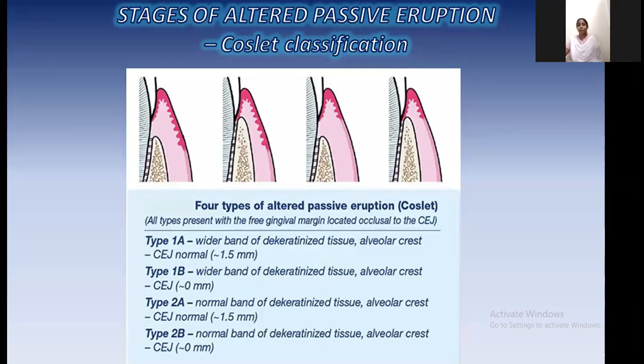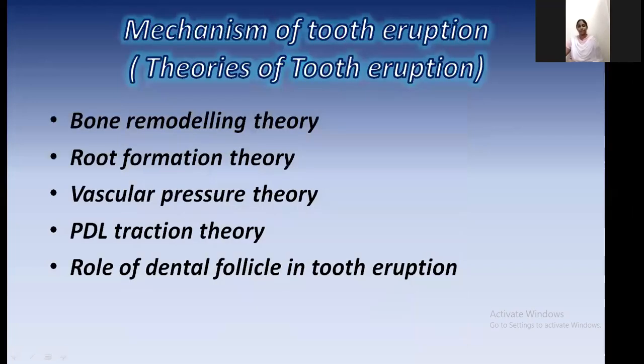You should be able to differentiate a wider band of dekeratinized tissue from a normal band. Type 1 is always wider band and type 2 is always a normal band of dekeratinized tissue. If it is A, the alveolar crest to CEJ is normal, both in type 1 and type 2. If it is B, the alveolar crest to CEJ is 0 mm.